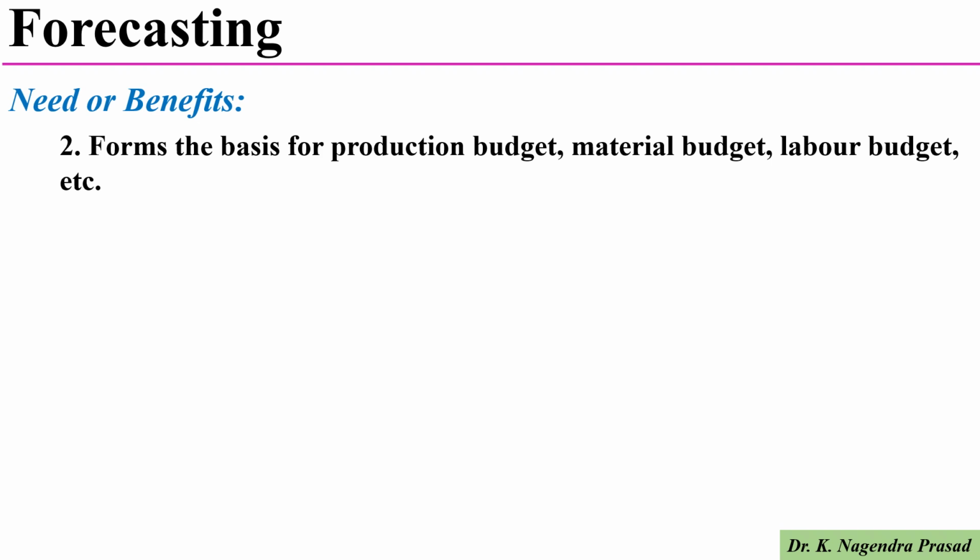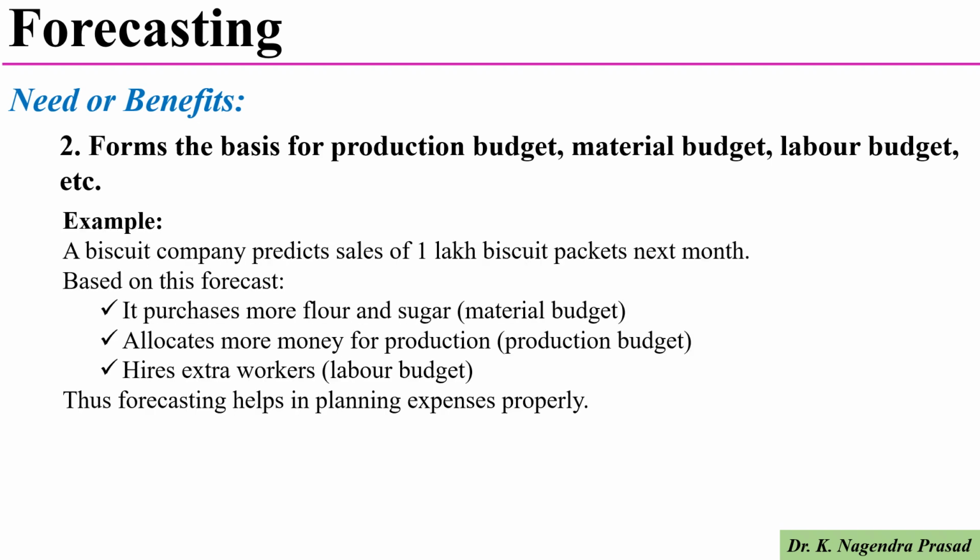And next one is that forecasting forms the basis for production budget, material budget, labor budget, etc. So let's consider the example. A biscuit company predicts sales of 1 lakh biscuit packets for the next month. Based on this forecast, the company purchases more flour and sugar.